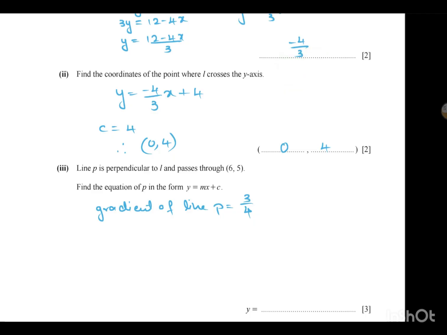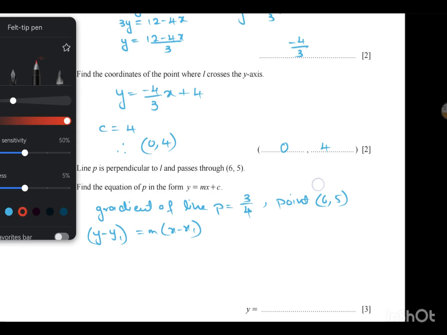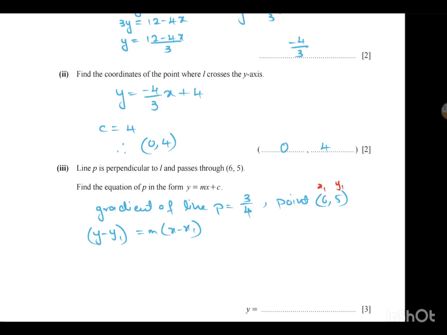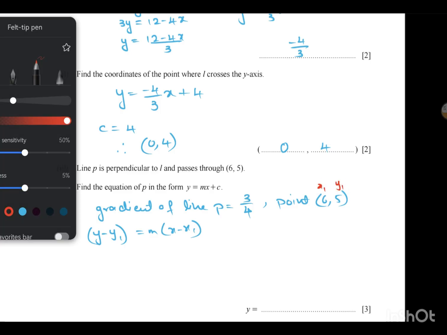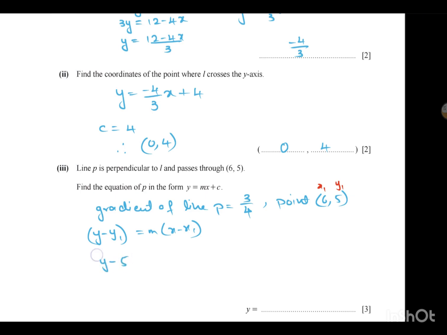Then we have to find the equation. Use the rule y minus y1 is equal to m into x minus x1. Now x1, y1, it is passing through the point. What is the point here? 6 and 5. So 6 is x1, 5 is y1. Substitute: y minus 5 is equal to m into x minus 6.